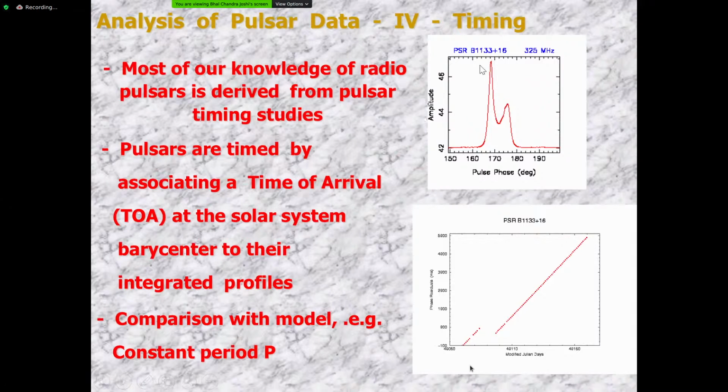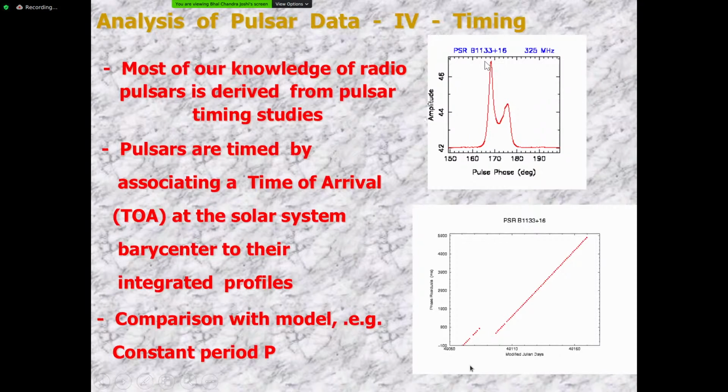You pick a point on the profile, and this profile is obtained by averaging several thousands of periods, because individual pulses of the pulsars fluctuate. But when you add 1,000 or 2,000 of them, you get a very stable curve, almost like a signature of that pulsar. You associate some point here as the fiducial point, and you find out when this point arrived, and that is called the time of arrival.